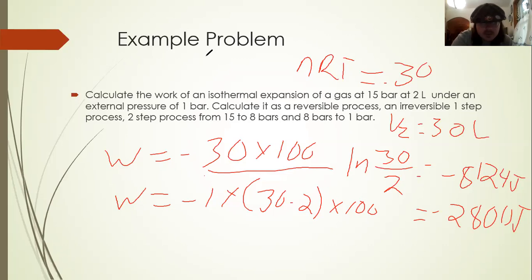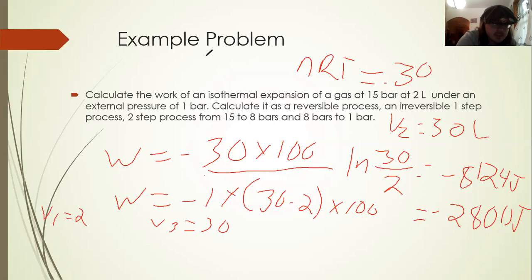Well, 2 steps. Well, we got to do this PV equals nRT again. So V3 is still 30 in this case, and V1 is still 2.